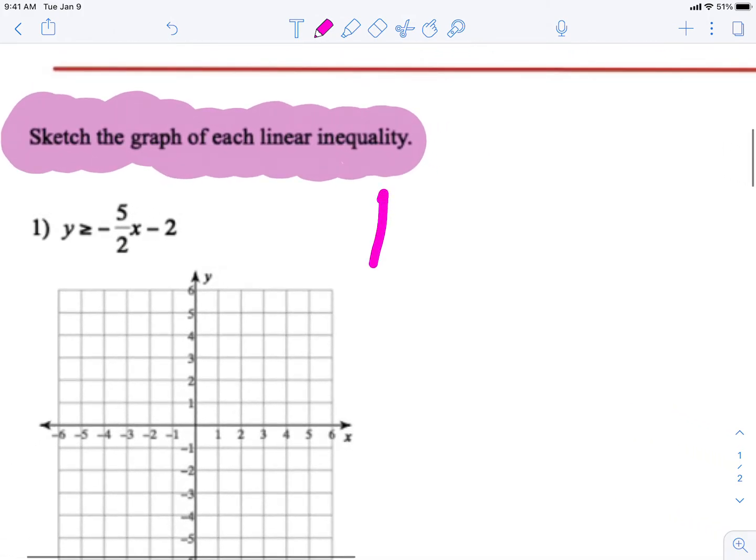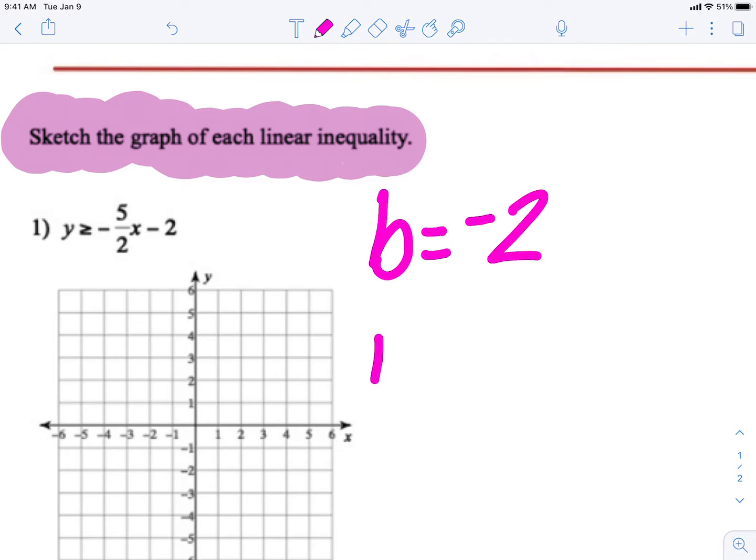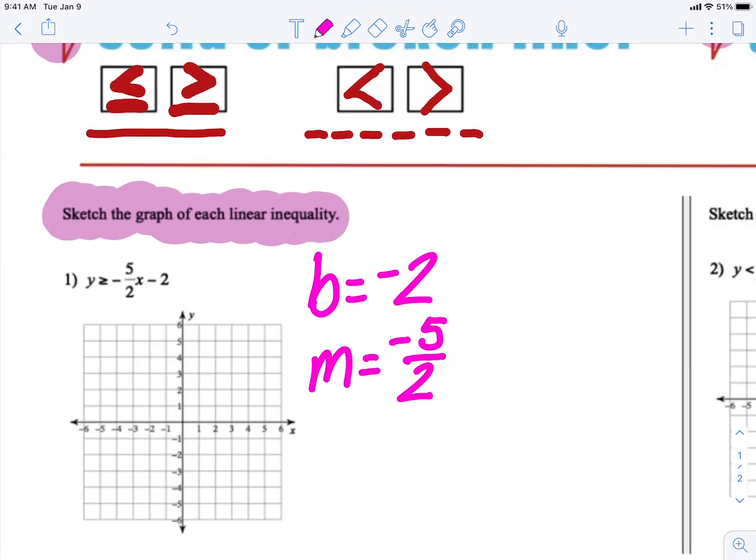My b here is the last part of my equation, which is -2. And my m, which is my slope, next to x here, is negative 5 over 2.